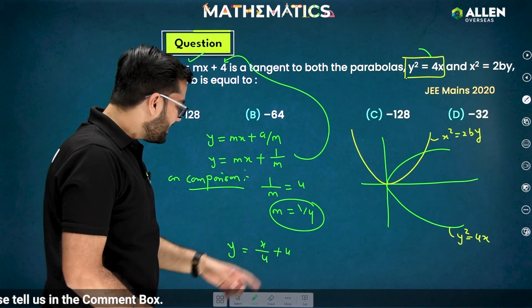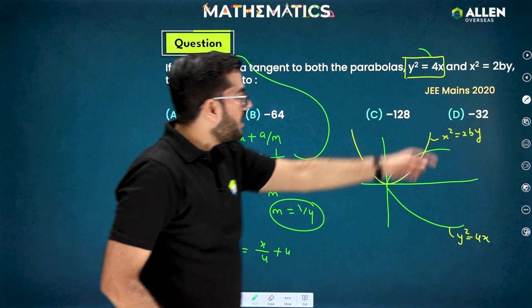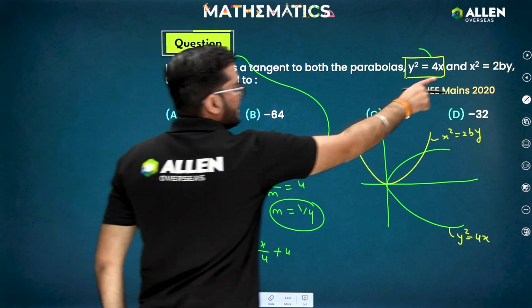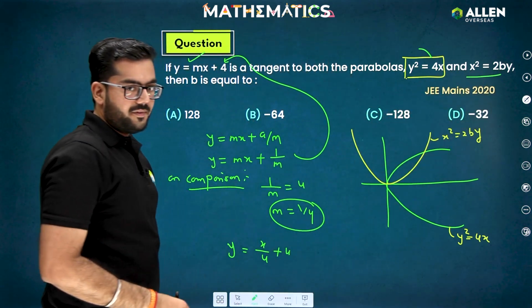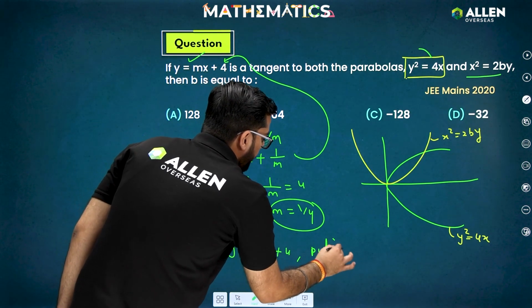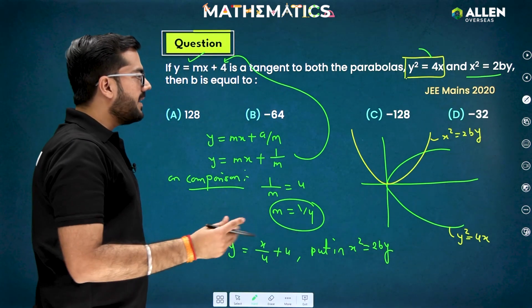Now because this is the common tangent, it must be satisfied here also. So you can put now this value in your parabola, x square is equal to 2by. Now we will get what?